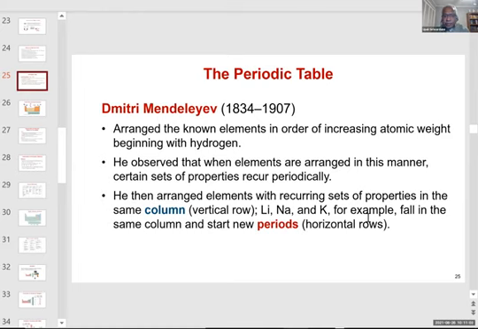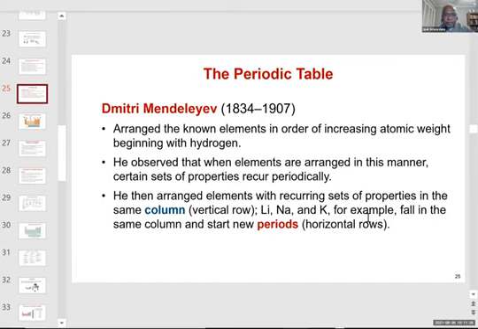A column has periods. Lithium is in the second period, sodium is in the third period, and potassium is in the horizontal row, the fourth row.